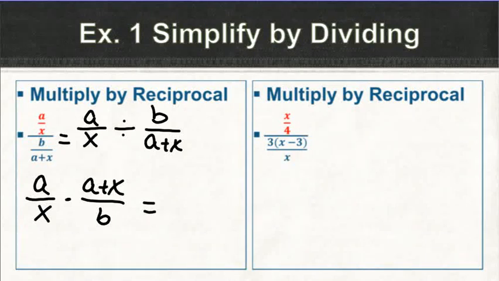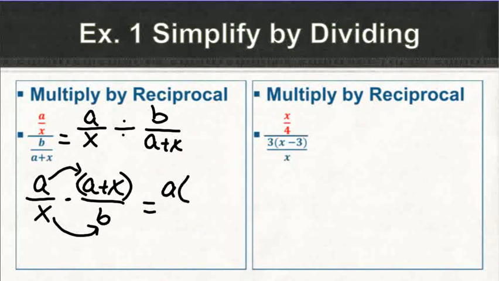My final step here would just be multiplying the numerator times the numerator and the denominator times the denominator. When I multiply the numerator times the numerator here, I am not going to distribute the A, because then I would have to simplify even more by taking the A back out. So I'm just going to multiply and put them together.